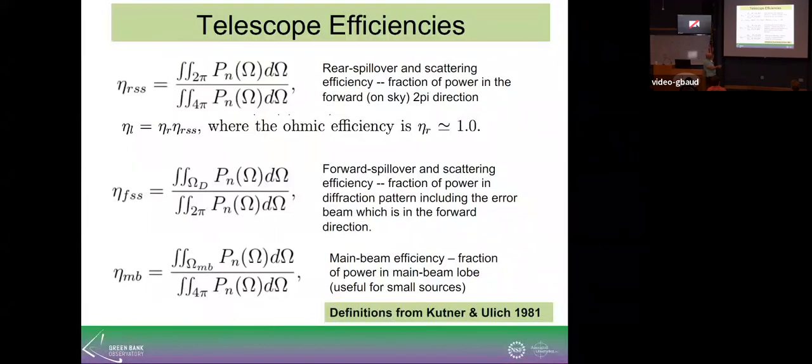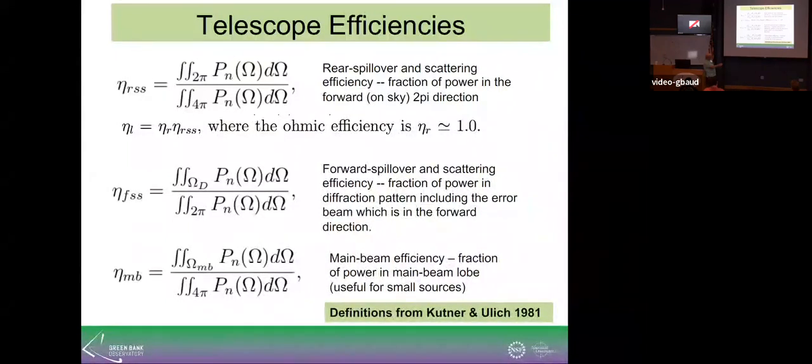We also have, and this is the confusing part in the terminology, power in the forward direction, but they call it the rear spillover and scattering efficiency, just to confuse people. So that's where the initials come from. The inverse of that is basically the fractional power in the forward 2 pi direction over all 4 pi steradians. The full sky is 4 pi steradians, everything, and 2 pi is above the horizon.